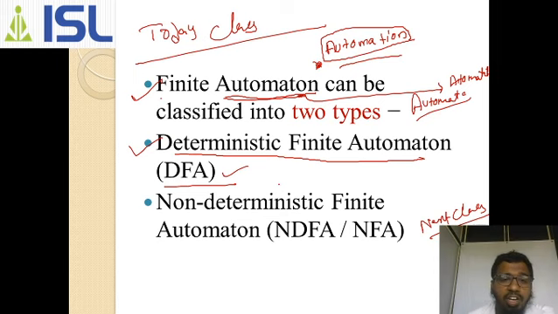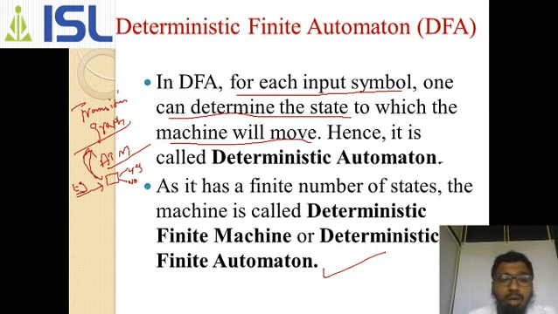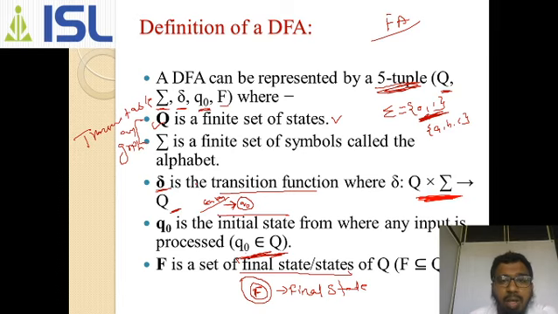We studied only DFA, okay, and we saw the DFA symbol, what is deterministic, and here the 5 tuples are there: Q, sigma, delta, Q0 and F. Q is a finite set of states, sigma is the set of symbols called the alphabet, and delta is the transition function, Q cross sigma.